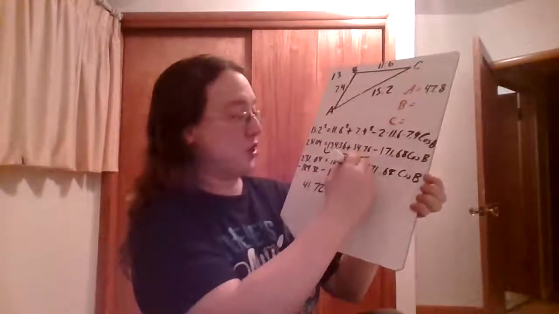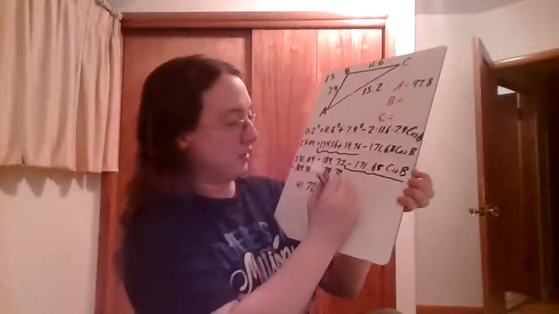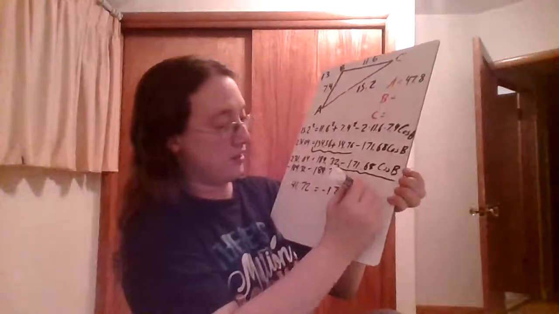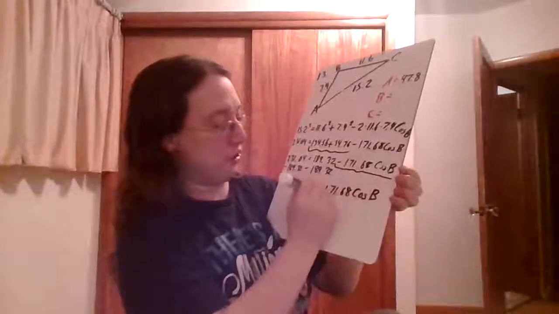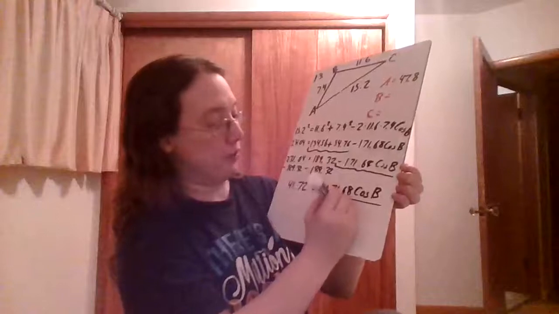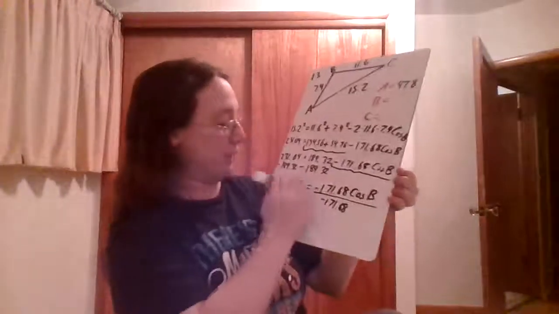And watch out for it, don't lose that negative there, because we're about to divide by it. We're dividing by negative 171.68, and this time there's not one over here to cancel it out.